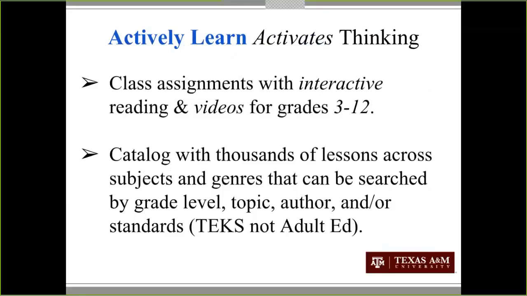There are class assignments with interactive reading and videos for grades 3 through 12, which is perfect for our adult readers. There's a catalog with thousands of lessons across subjects and genres that can be searched by grade level, topic, author, and or standards. And we do like to point out we are talking about TEKS and not adult ed. However, I've seen some things that still apply.